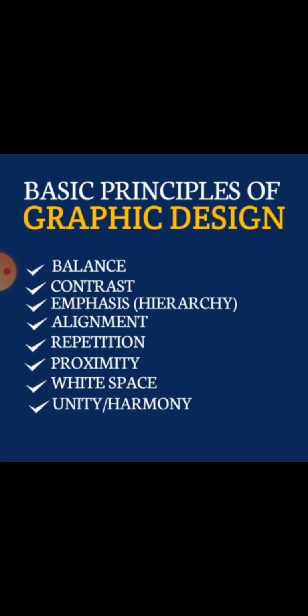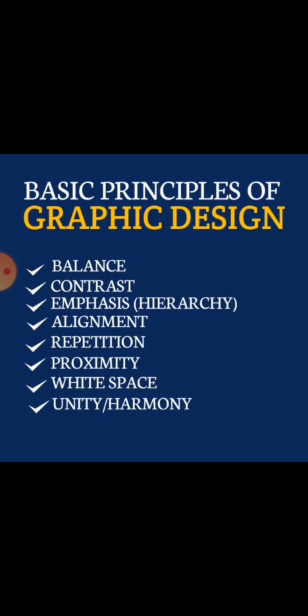The alignment has to do with how you line up your elements in design. Then the repetition has to do with reusing your elements in the design. And then the proximity has to do with grouping related items together.